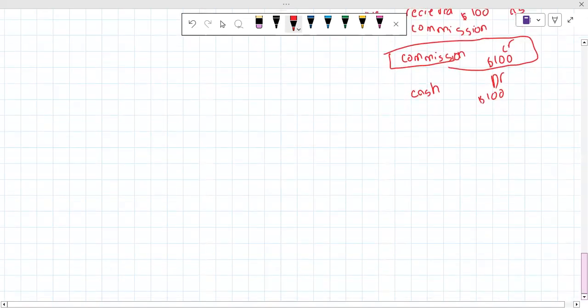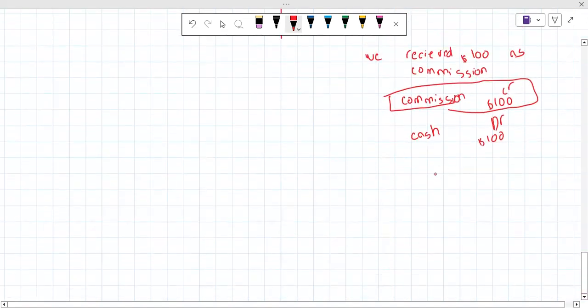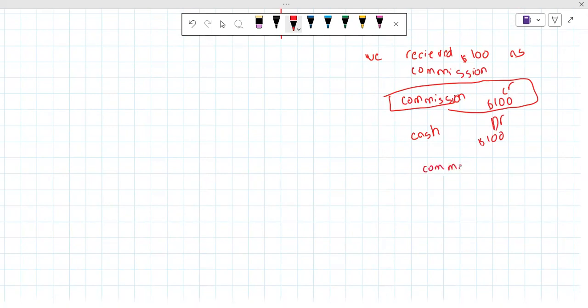So we will debit the commission account and we will credit the income statement, because all types of income will be credited under the income statement. The income statement will be credited by 100.